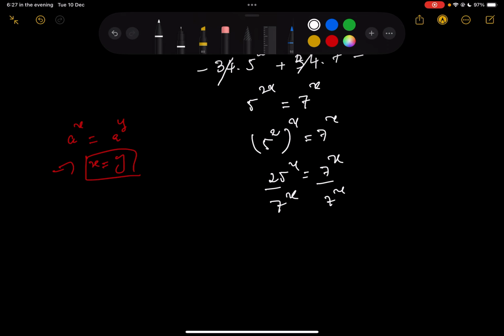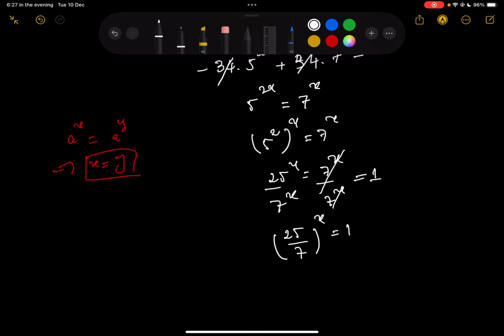Here 7 power h on the right side, and the left-hand side also 7 power h. So the right side the remainder is 1, and the left side we can write by the property of the exponential equation. It will equal 25 over 7, power h, equal to 1.